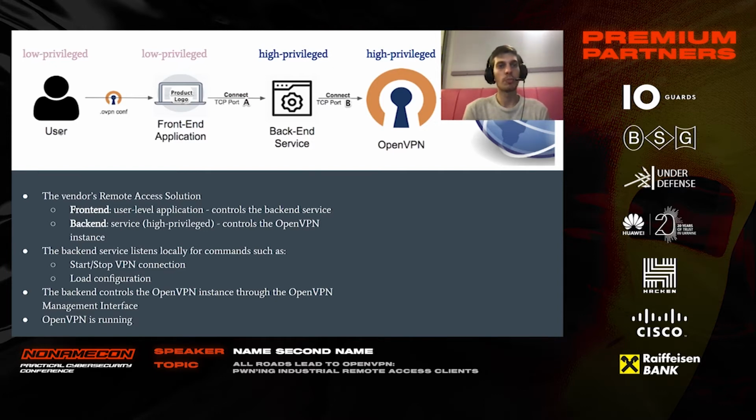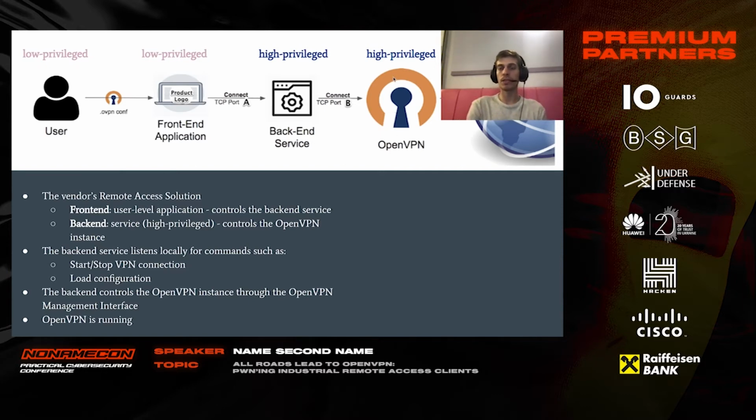This low privileged user is starting the low privileged application, which is just a front end application. The whole purpose of the front end application is to tell the service, again through a TCP socket, which is always running in the background, to start the OpenVPN instance.